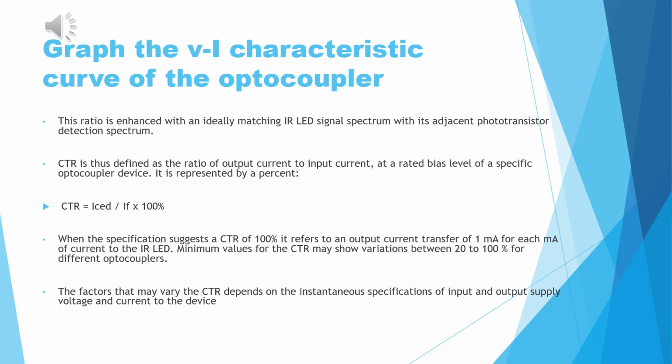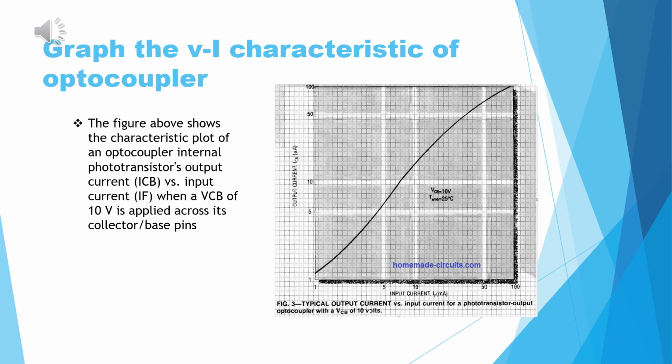The factors that may vary the CTR depend on the instantaneous specifications of input and output supply voltage and current to the device. Graph the V against I characteristic of optocoupler.